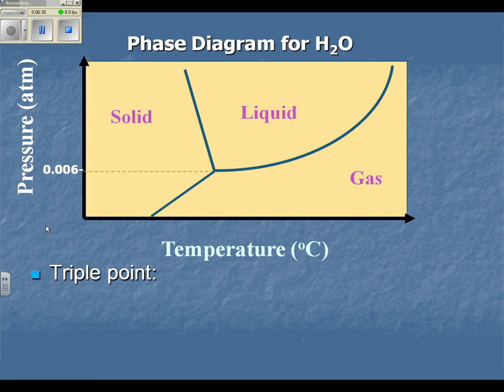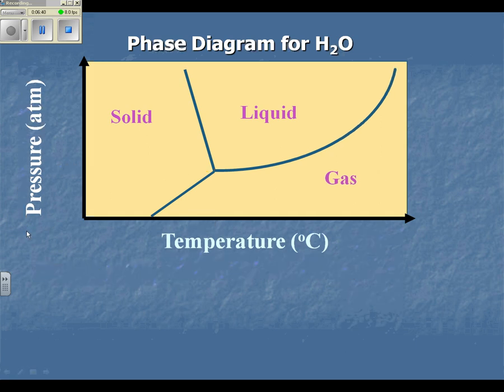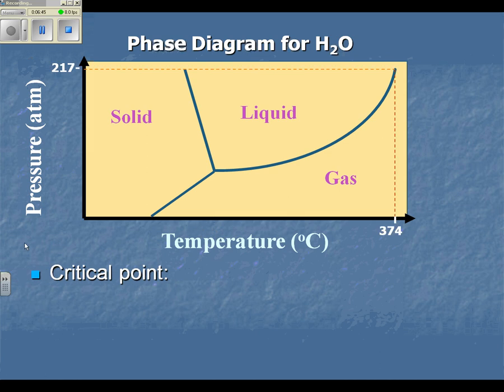It's just above no pressure, so just above a vacuum, and just above the freezing point of water. And that's where you would have boiling ice water, and all of those would exist in equilibrium. Critical point for water is 374 degrees Celsius, so that's pretty hot. Above that temperature, water can no longer exist as a liquid.